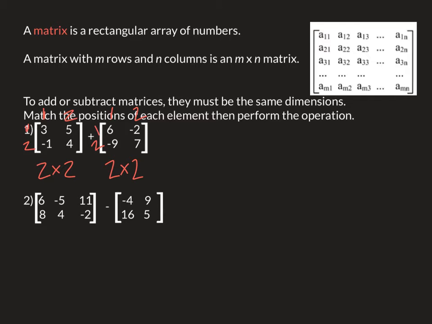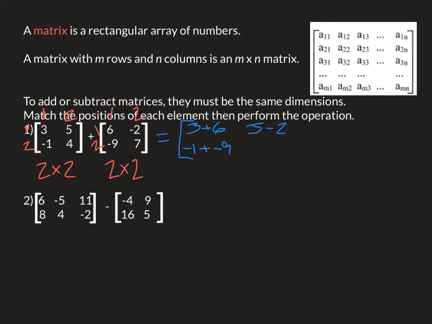To do this, we need to find the elements in the same position, then add them together. So the 3 from the first matrix is in the first row, first column, and the second matrix's first row, first column is a 6. We'll add those together. The 5 is first row, second column, and then the -2 from the other matrix. From the first, -1 is in the second row, first column, and so is -9.